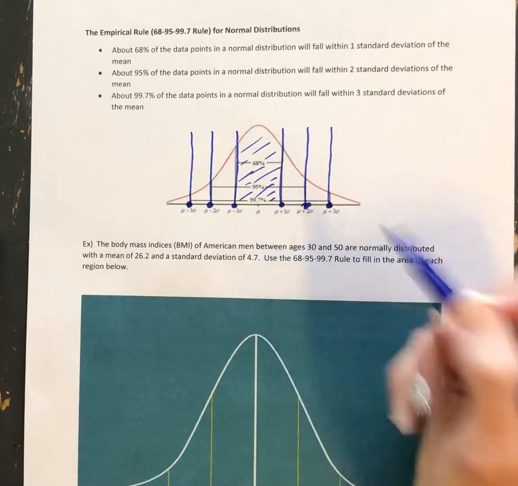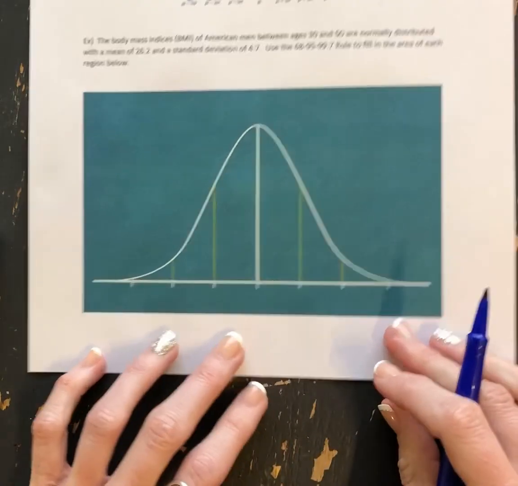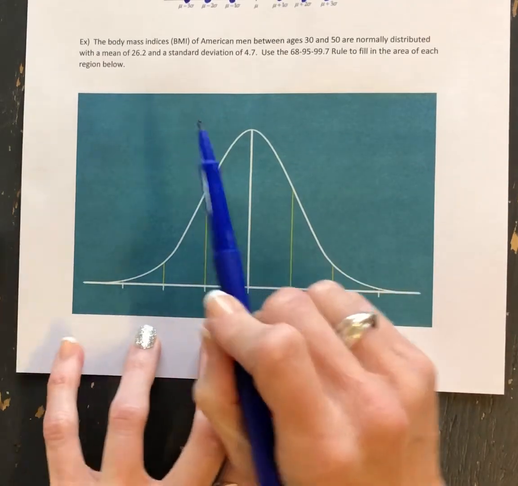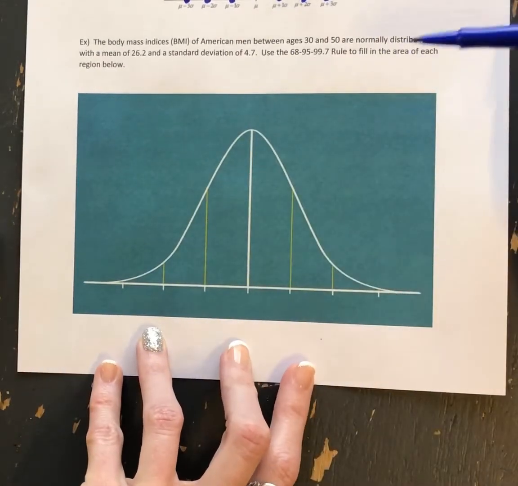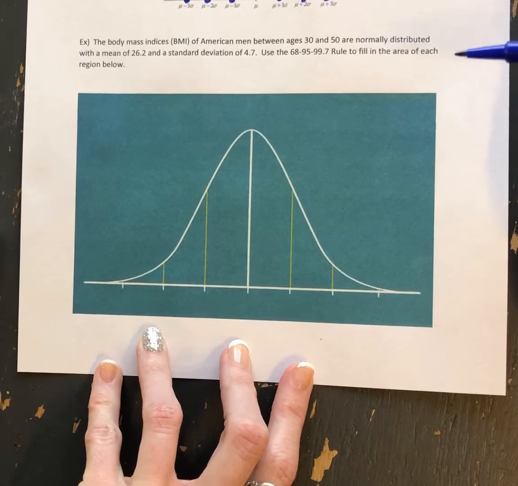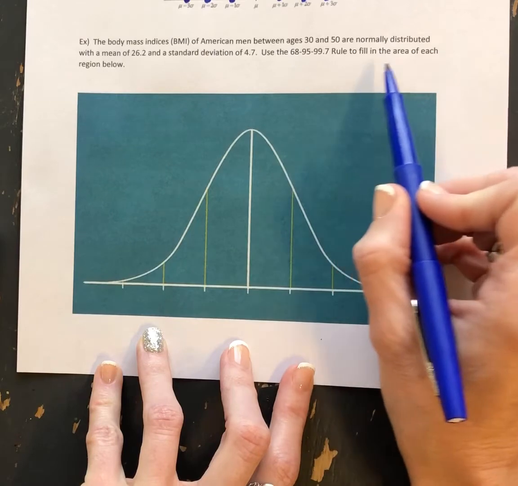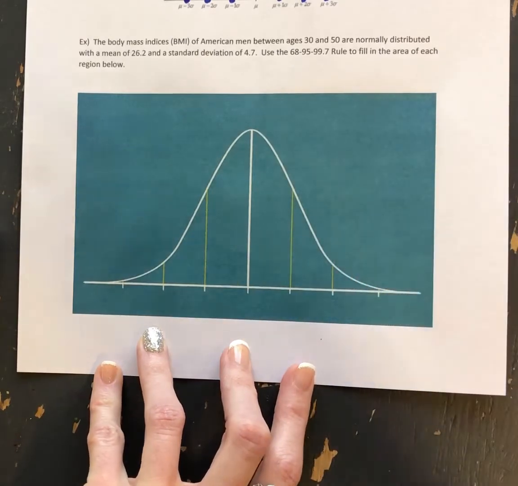Okay, we're going to look at an example where we apply that rule. This next example says the body mass indices, BMIs, of American men between ages 30 and 50 are normally distributed with a mean of 26.2 and a standard deviation of 4.7. And we're supposed to use the 68, 95, 99.7 rule to fill in the area of each region below.